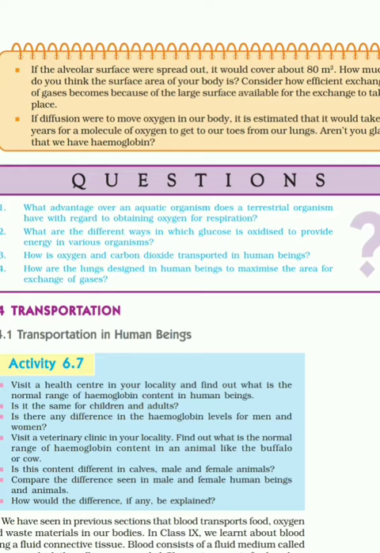In terrestrial organisms, we have a direct supply of oxygen from air, whereas aquatic organisms have to take oxygen from dissolved form. In water the oxygen is present in dissolved form, so aquatic organisms have to breathe at a much faster rate as compared to terrestrial organisms.